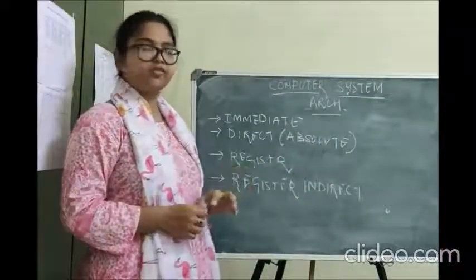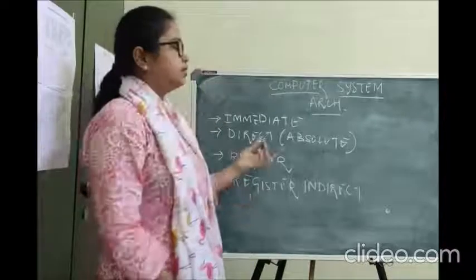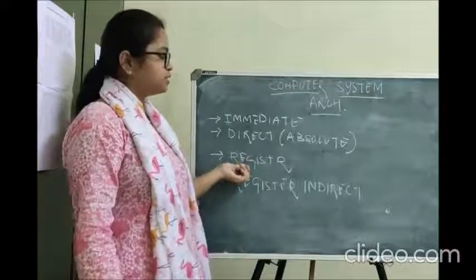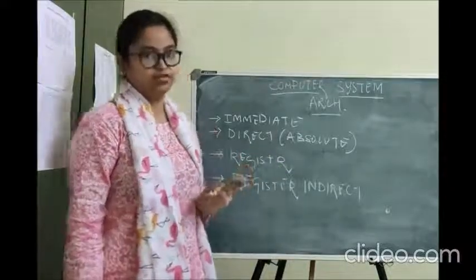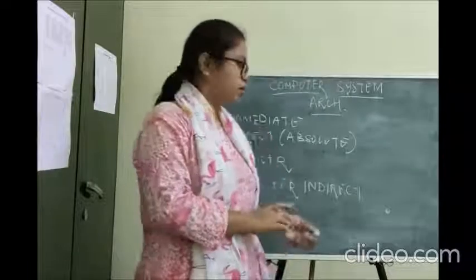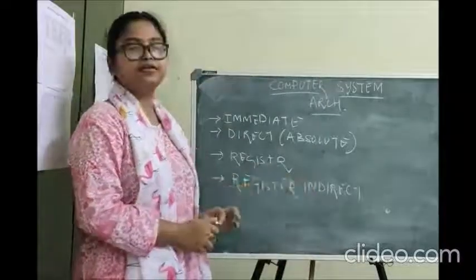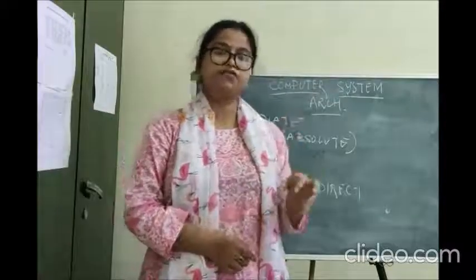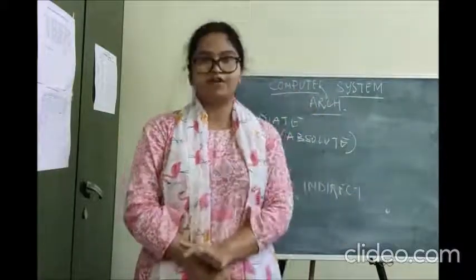In register addressing mode, the effective address of the operand is given in the register itself. The register gives you the effective address. In register indirect, the register contains the address which can lead us to the effective address.